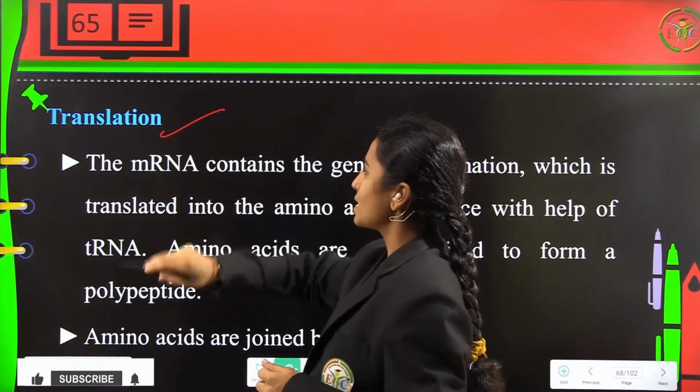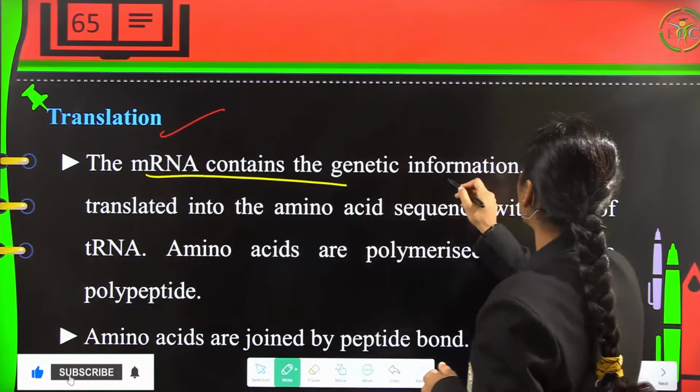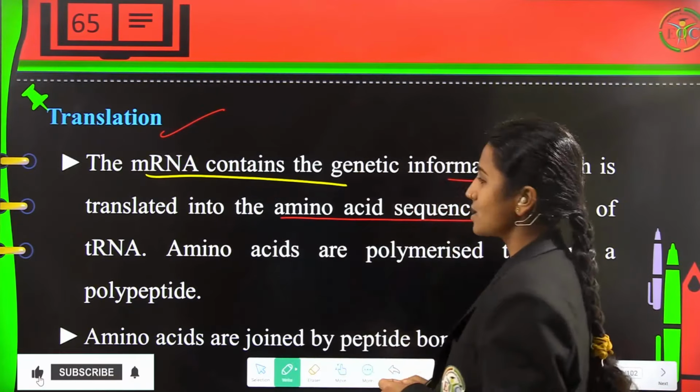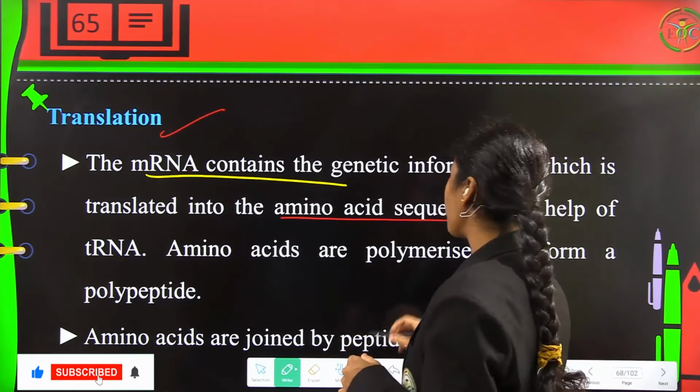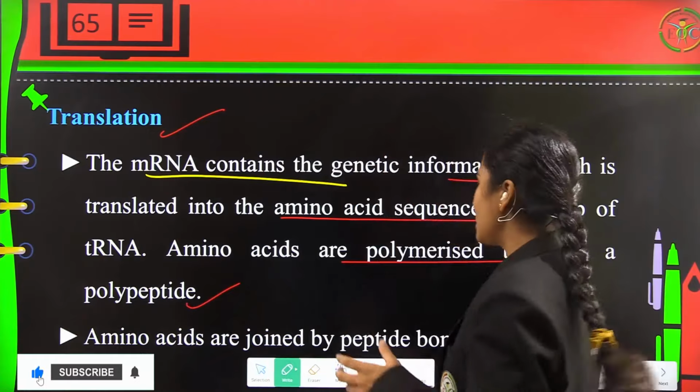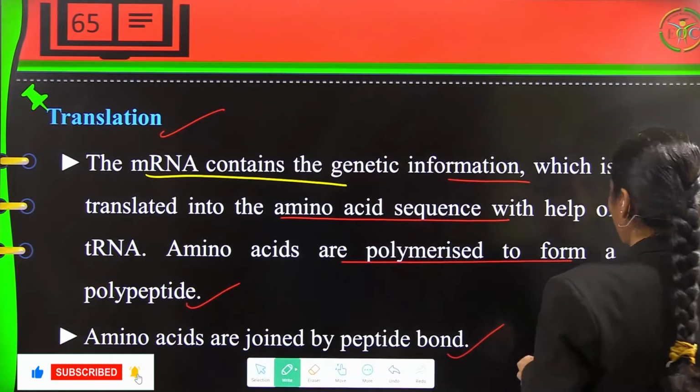And then comes translation, wherein the mRNA contains the genetic information which is translated into an amino acid sequence with the help of tRNA. Amino acids are polymerized to form polypeptides, and these amino acids are joined by peptide bonds.